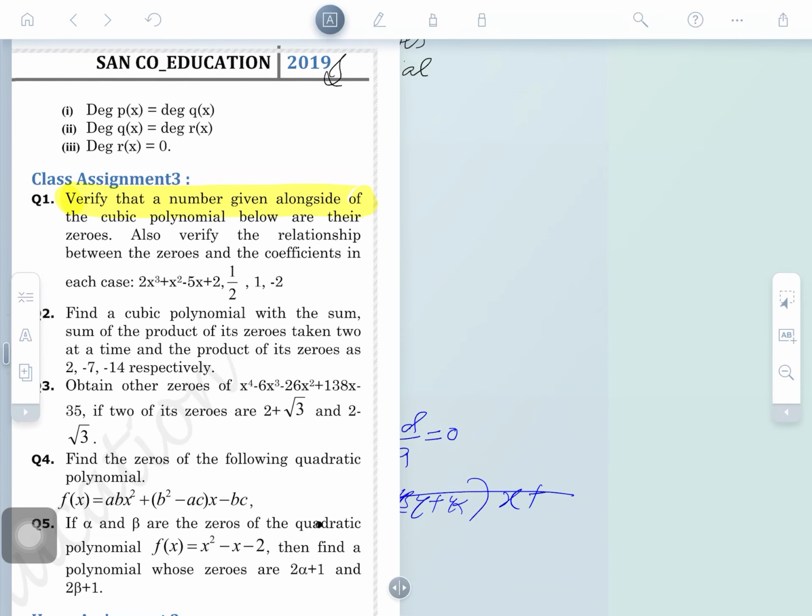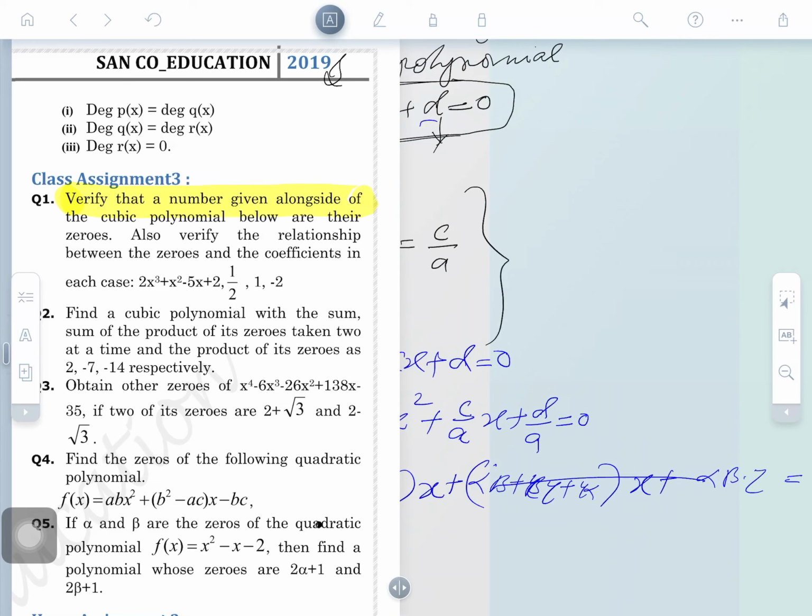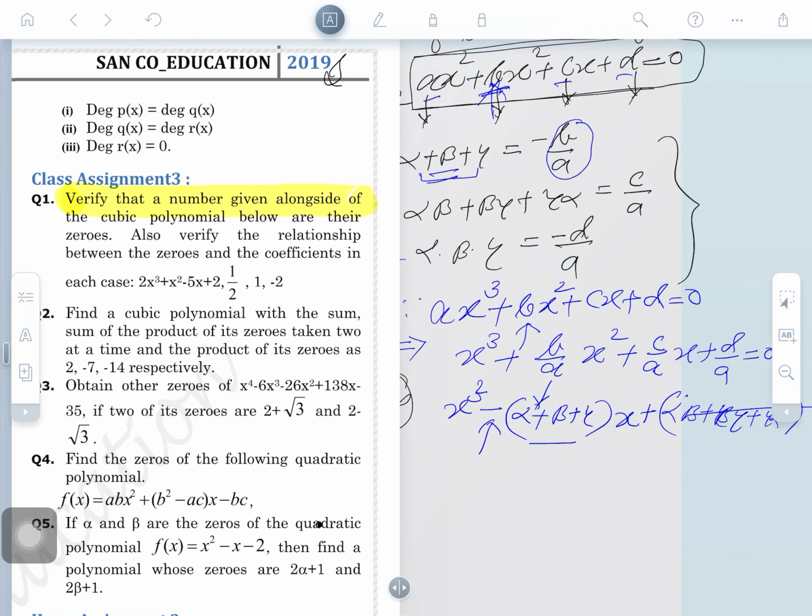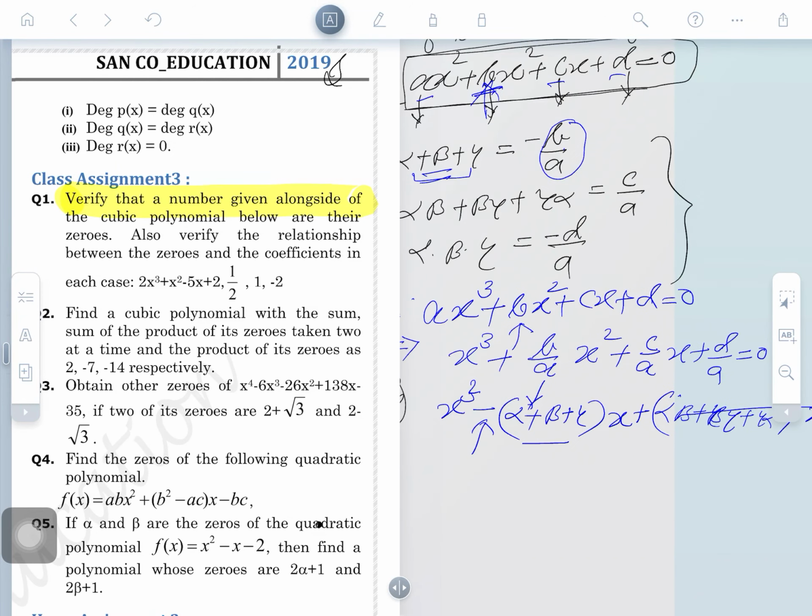So alpha beta gamma we have written here already, okay, is equal to 0. So we can say this is the expression of the cubic polynomial in terms of zeros.